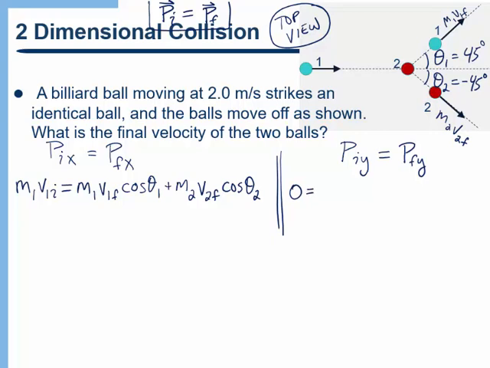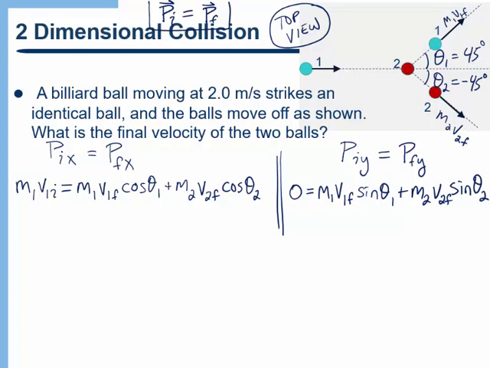After the collision, object 1 has a momentum m1 v1 final, but we only want the y component. So we're going to write sine theta 1, and then m2 v2 final, and then the sine of theta 2.